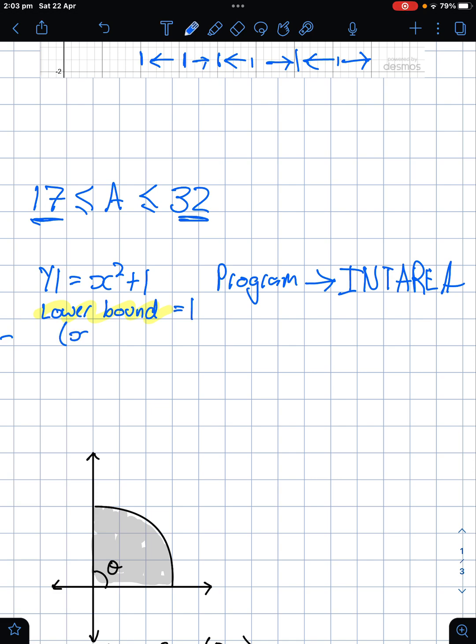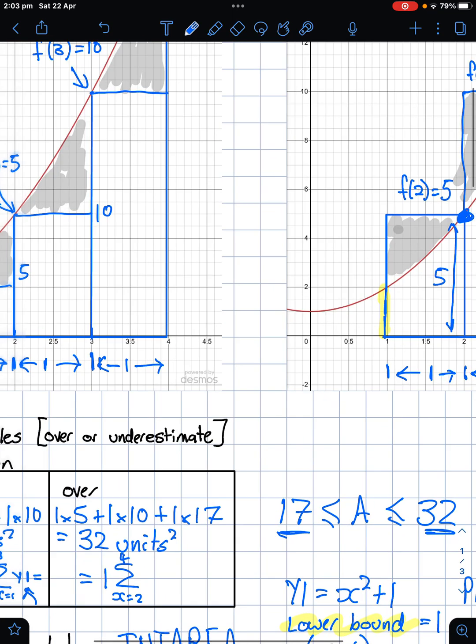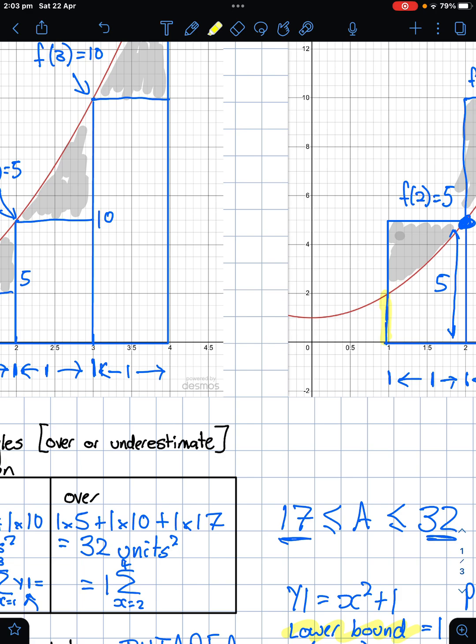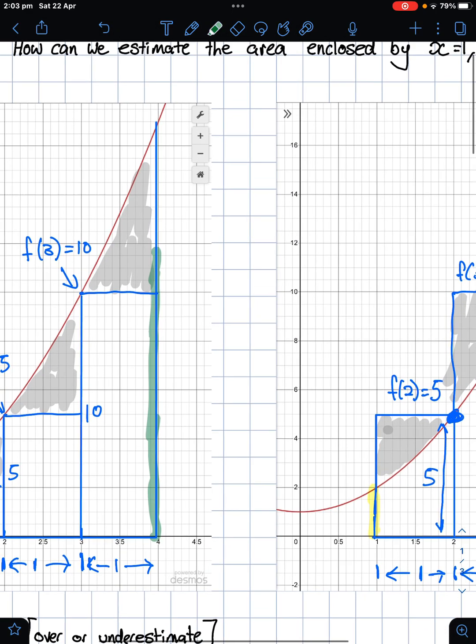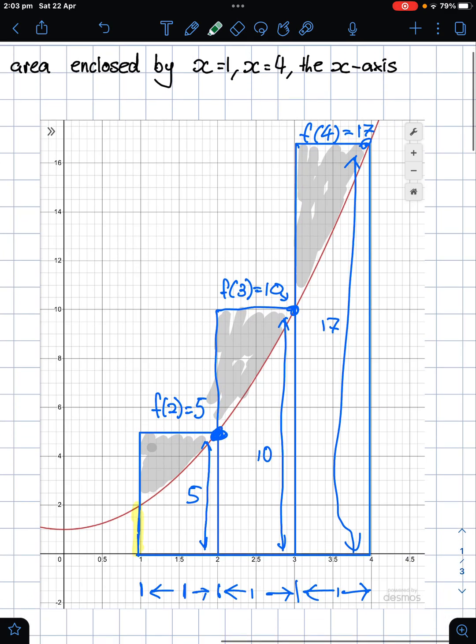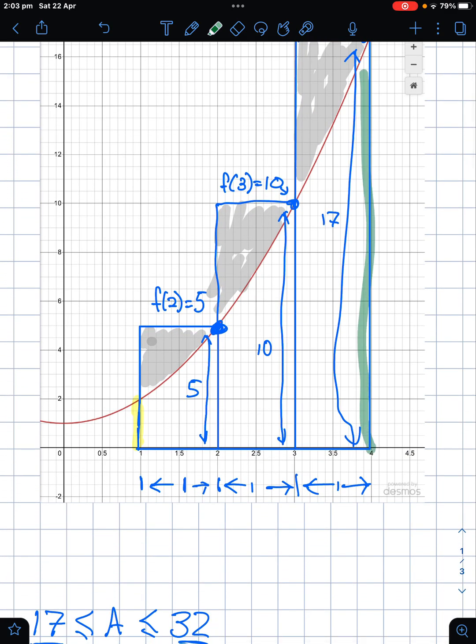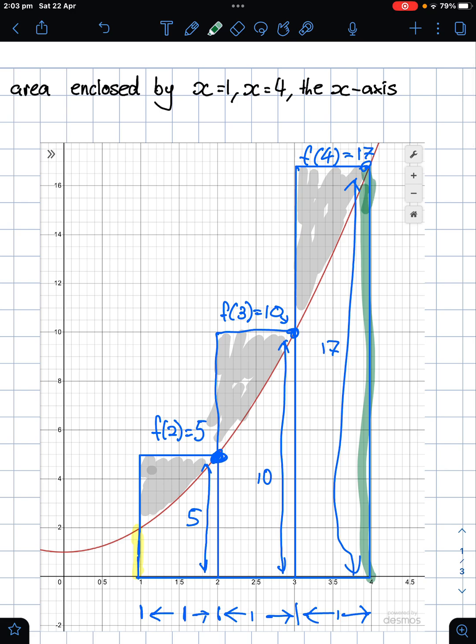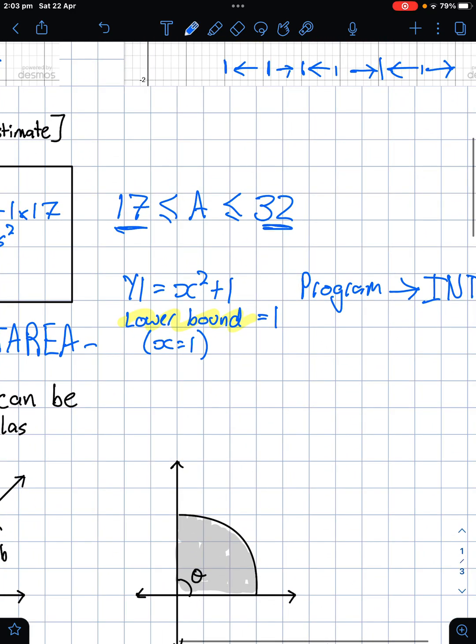This means x equals 1. So we're just going to type 1 in there. The upper bound, let's change our highlighter to a different color, let's pick this dark green, is 4. So this is this value here. Upper bound equals 4, which means x equals 4.